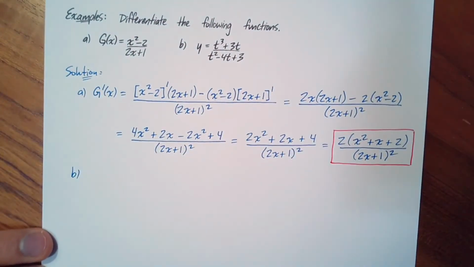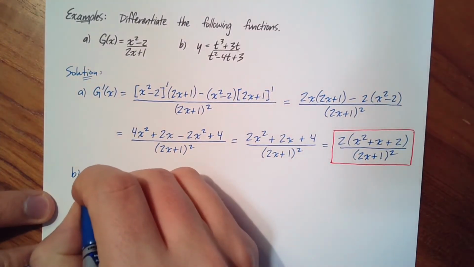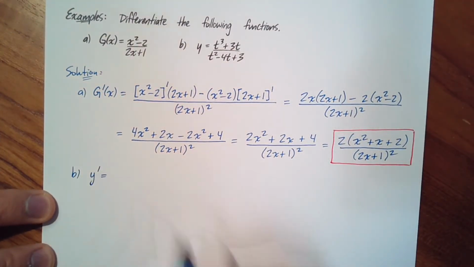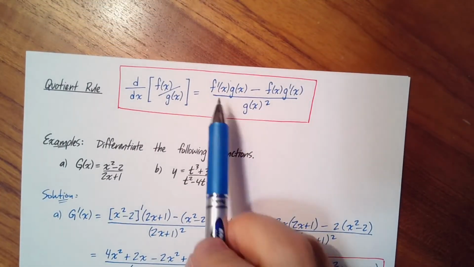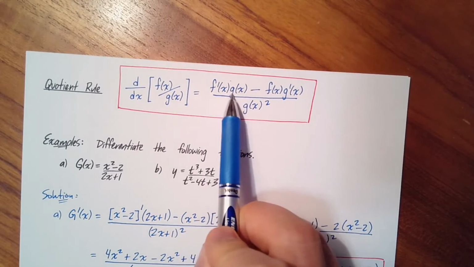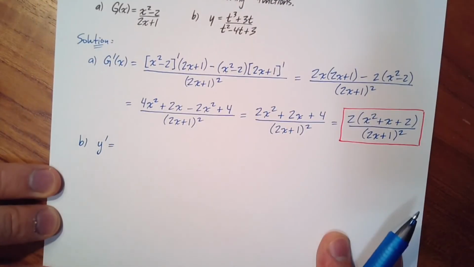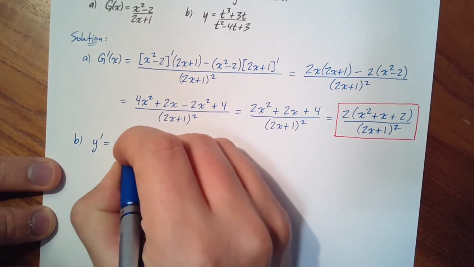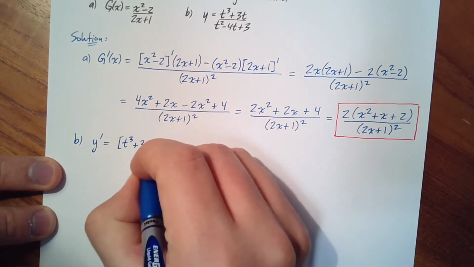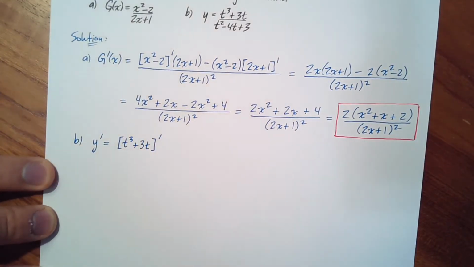So what happens if we plug this into the quotient rule? Well, the first step, if we just write out the quotient rule, we'll say that y prime is, well, let's check the pattern, right? Differentiate the numerator, leave the denominator alone. So let's start with that. We're going to have t cubed plus 3t, that's our numerator, differentiated, so let's write that down.